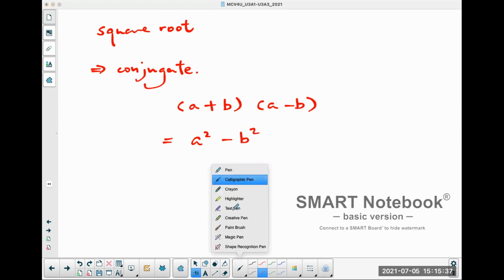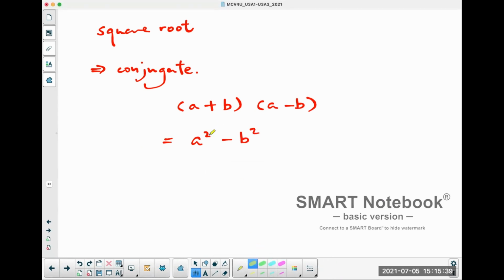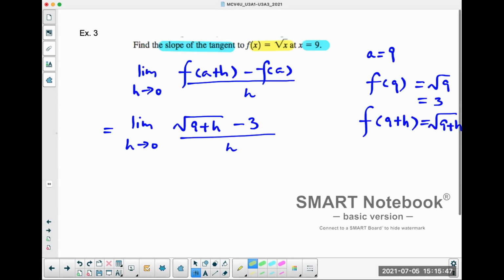What's special is the square, because whenever you square a square root, you cancel the square root. What we have here is in the format of what we call a minus b. You see something minus something else.